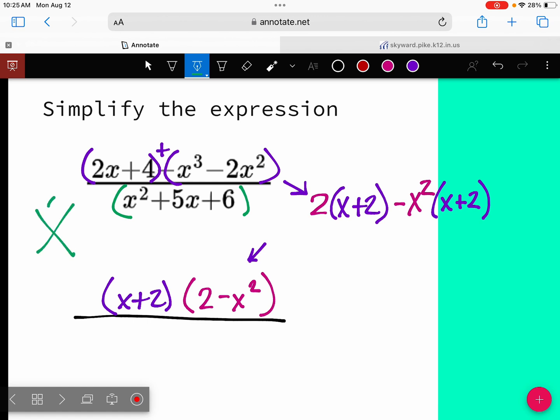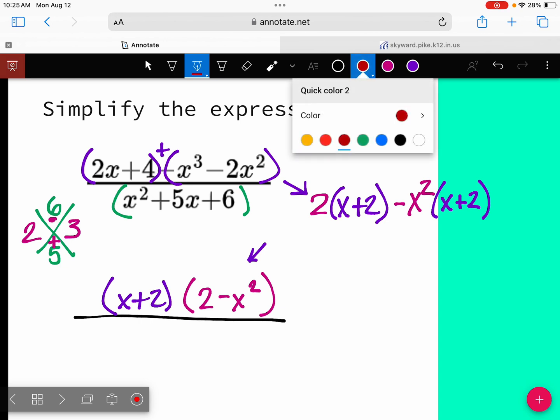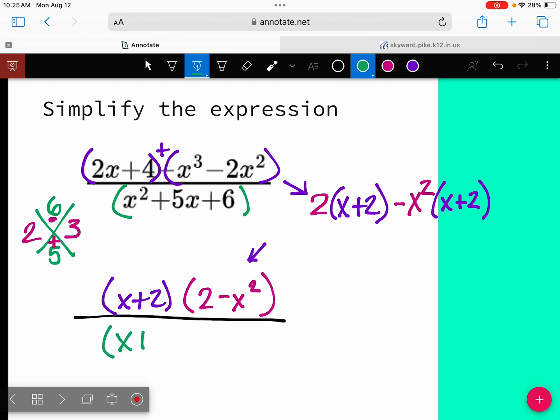Our a times c is 6. Our b is 5. What is our pair of numbers that multiplies to make 6 and adds to make 5? 2 and 3. So our fully factored form of our denominator is x plus 2, x plus 3.